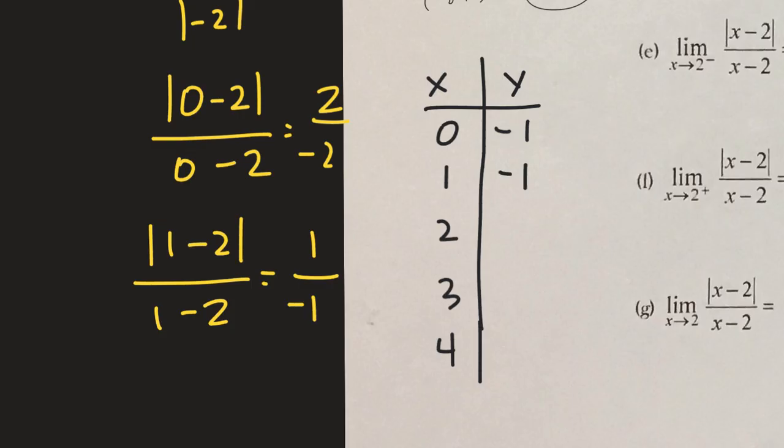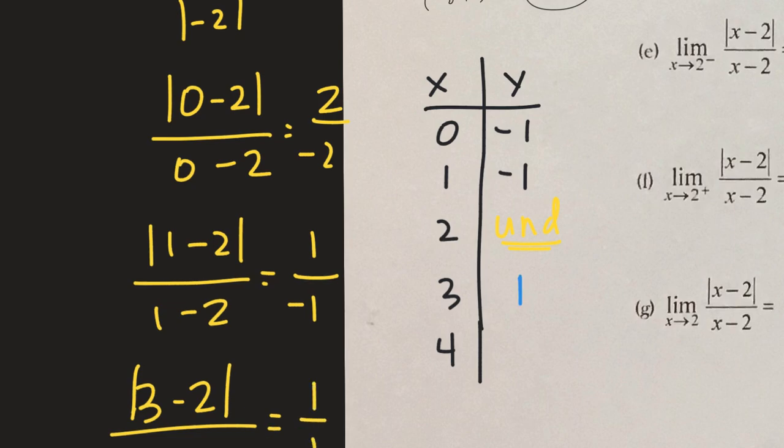Okay, and then at 2, of course, 2 minus 2 is 0. 0 over 0 is undefined. So at 2, we have our undefined value, right? Slash asymptote, or whatever. But then what's 3 minus 2 in absolute value divided by 3 minus 2? Right, that's positive 1 over positive 1, which is positive 1.